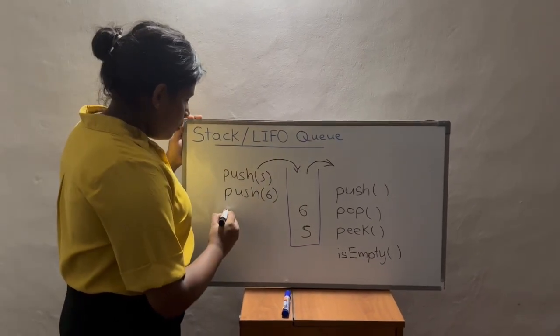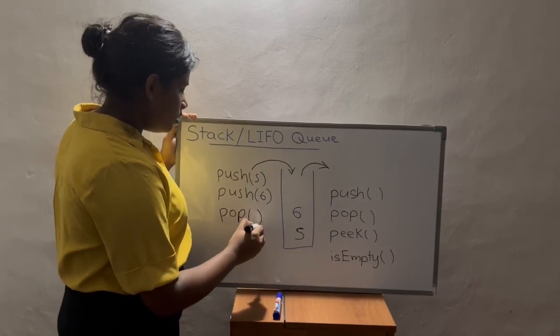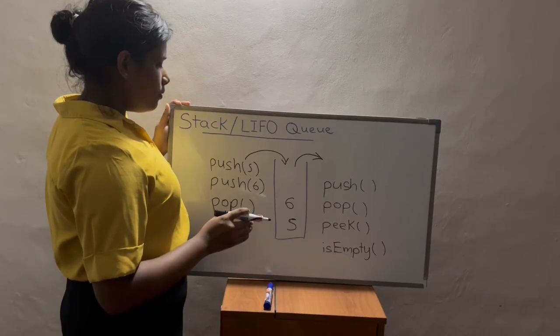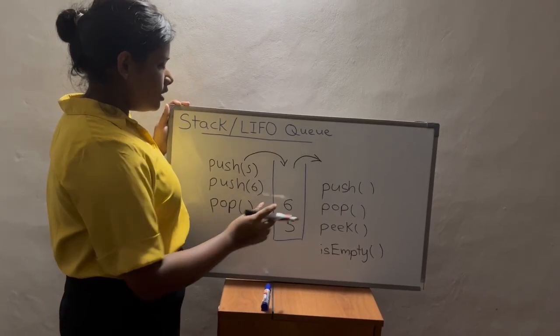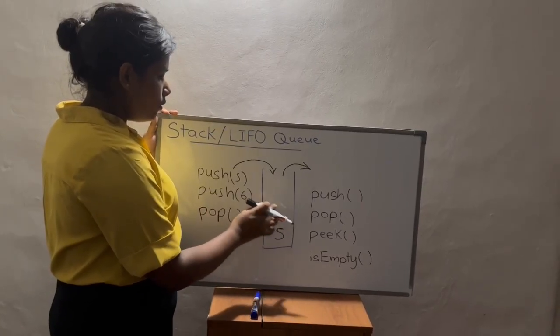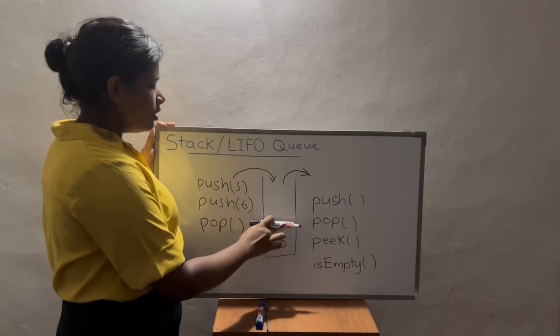And if we perform the pop operation, it will remove the last element we added to the stack, which is 6. So when we perform the pop operation, the 6 will be removed from the stack.